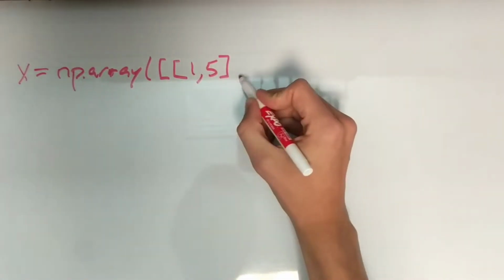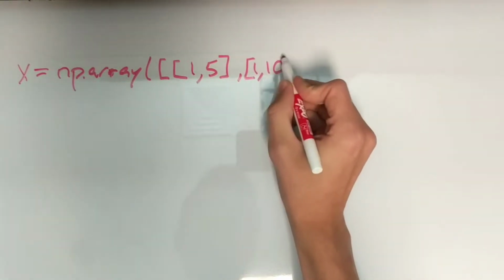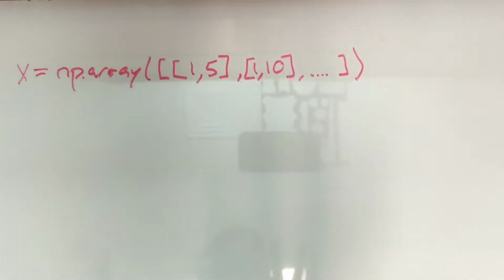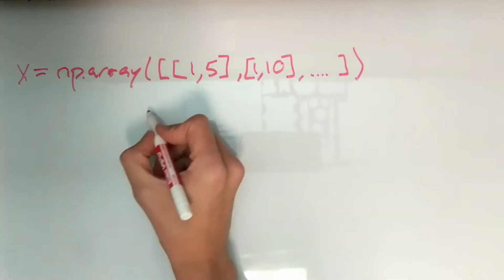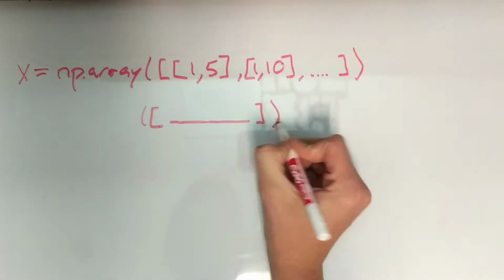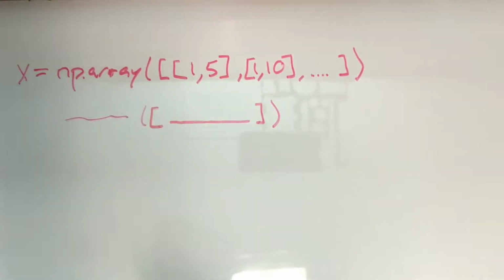That second row be that 1, 10, so on and so forth. Don't do the opposite where you have like 1, 1, 1, 1, 1, 5, 10, 20, 15. Have it formatted like this. And so it'll be two-dimensional. And then your Y will just be a regular array of one dimension, np.array as well, right there.